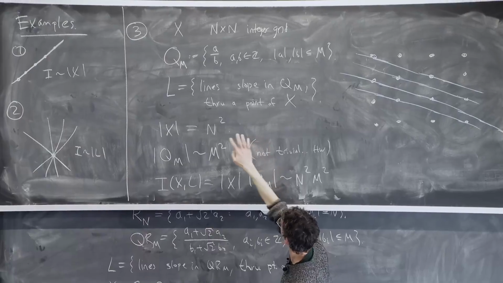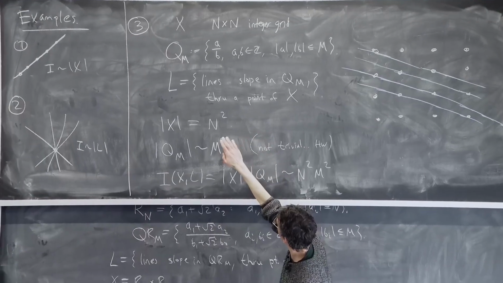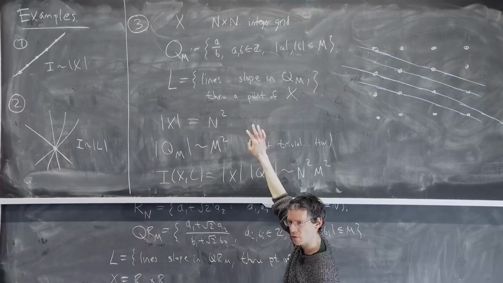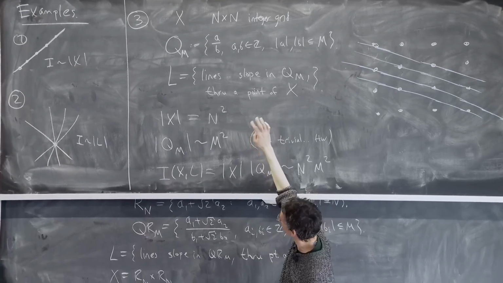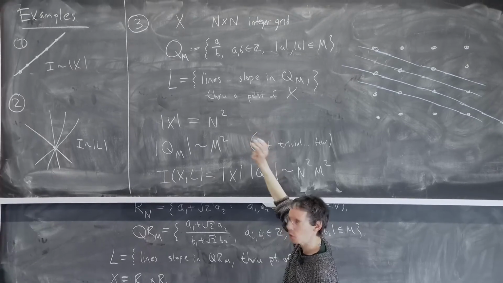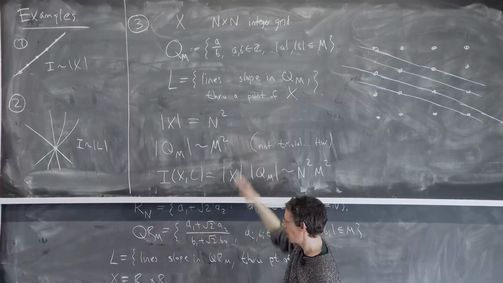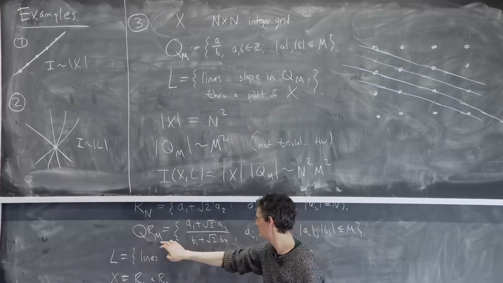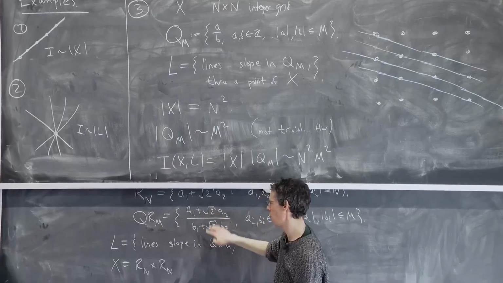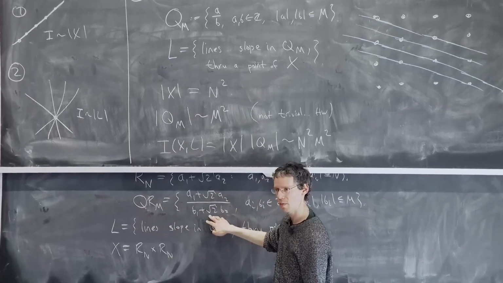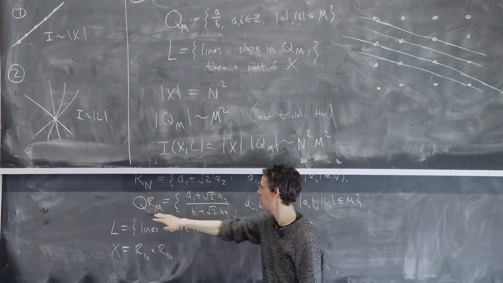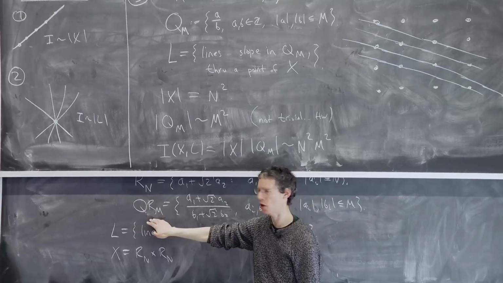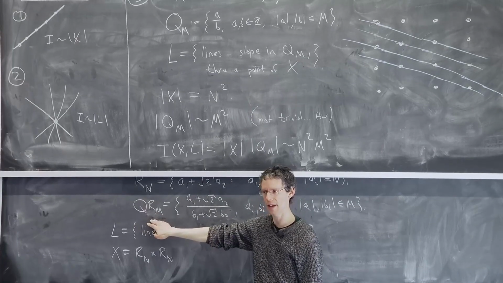So this is a set of all the fractions a over b. And if a given rational number can be represented in two different ways, it still only counts once in QM. And the same thing is true here. So the same number here might have more than one representation of this flavor, which makes it not trivial to count the cardinality of this set. And we do need to know the cardinality of this set to correctly analyze things.